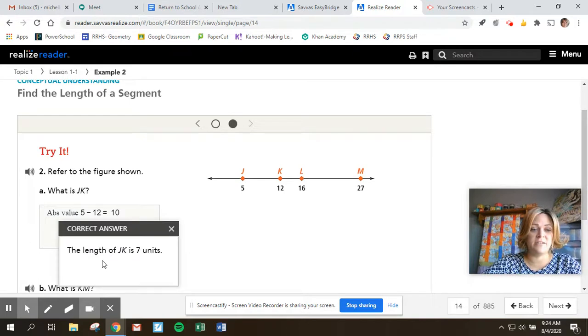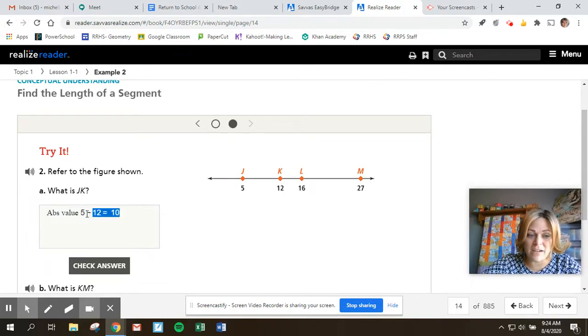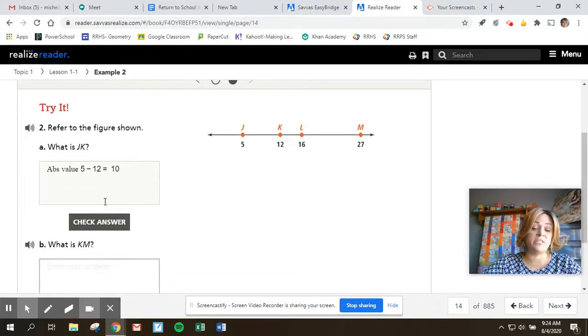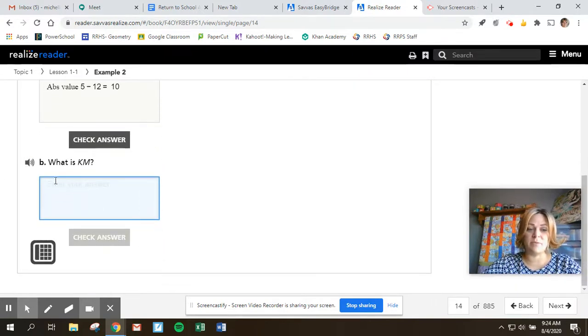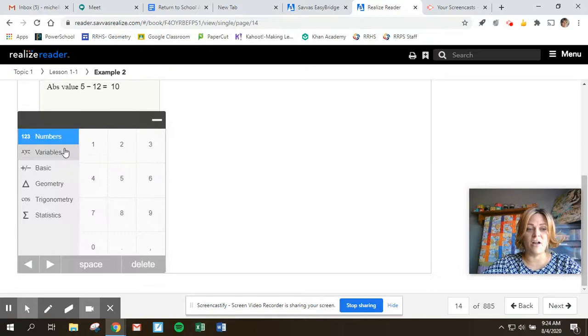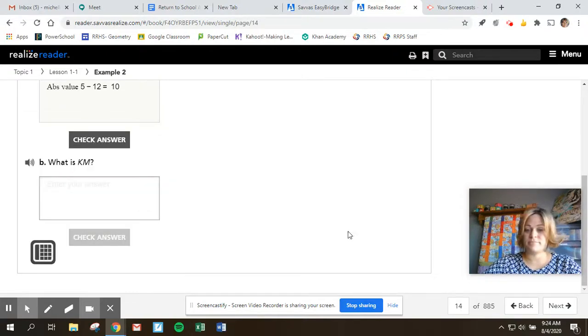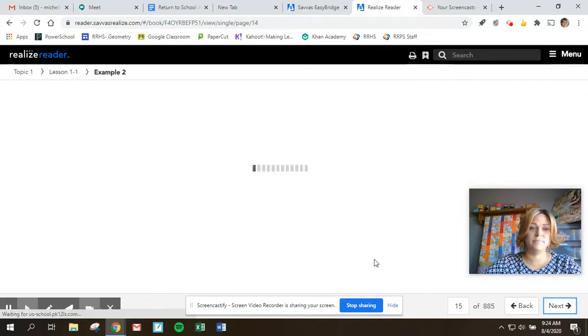I checked my answer, and I was off. It's okay, because you're telling me here that you actually understand the idea. You might have just added wrong or subtracted wrong. So make sure to put some kind of work so I can check it, and your teachers can check it. Again, same thing, check your answer, explain what you're doing, and there is often a calculator here to help.